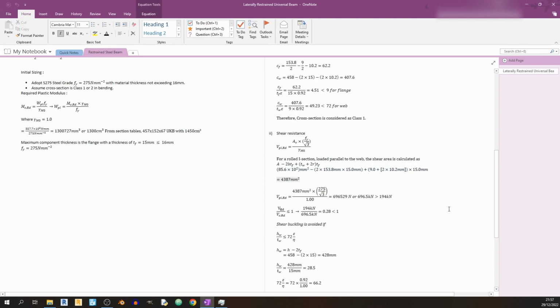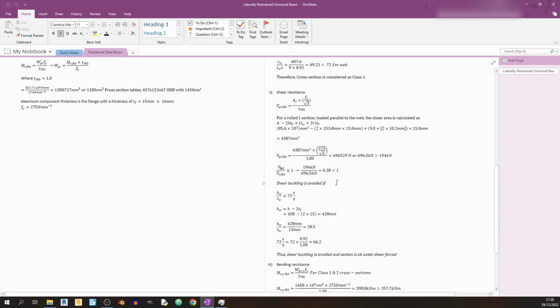So you should get this value of 4,387 square millimeters over here. Plug in this value into this equation. You should be able to get 696.5 kilonewtons, so it's far greater than the design shear force.